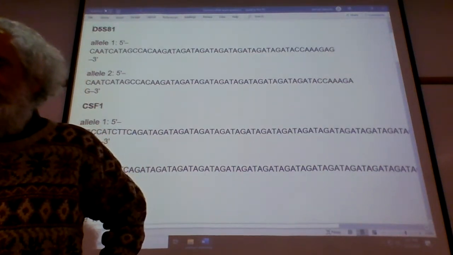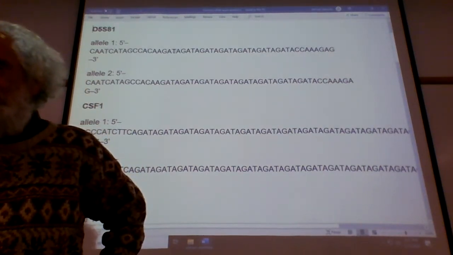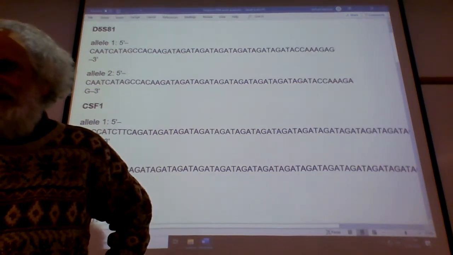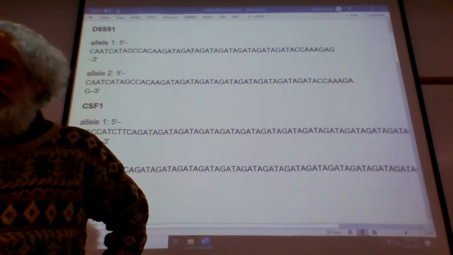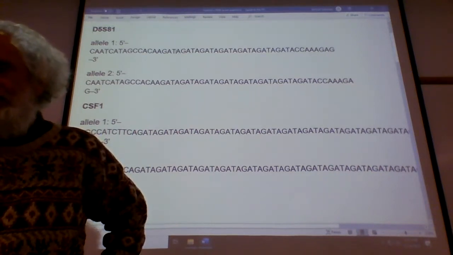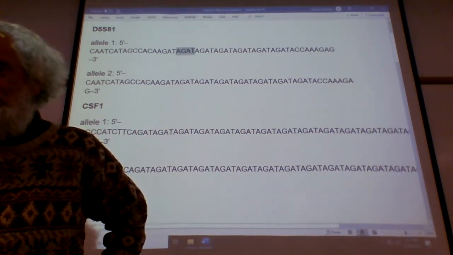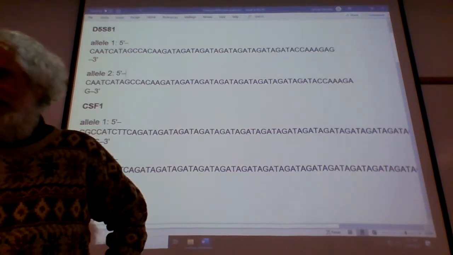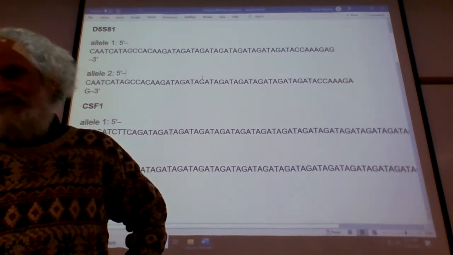And so it is going to be something like either TAGA or AGAT, whichever you feel like doing. And so we got one, and you just count 1, 2, 3, 4, 5, 6 repeats there, and 7 repeats here.